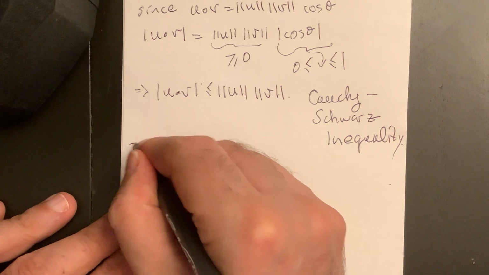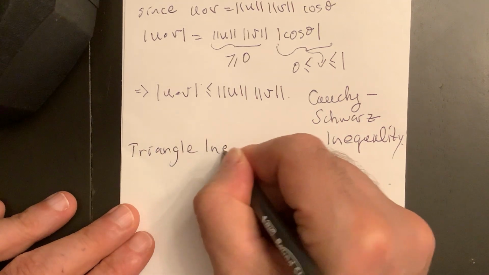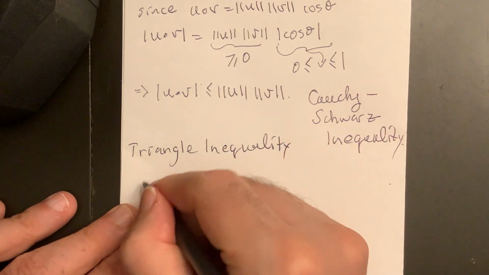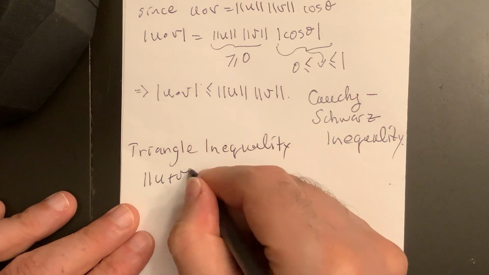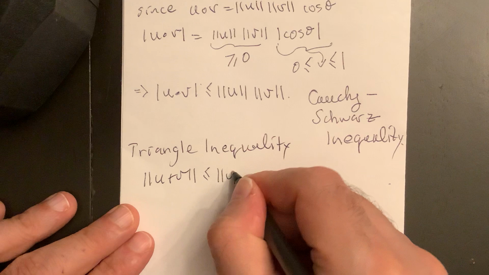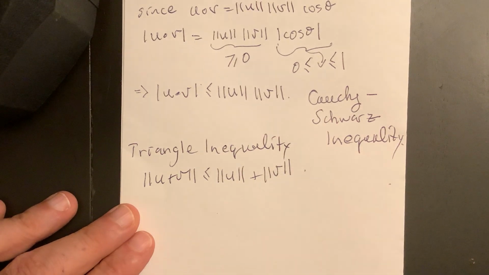So the triangle inequality says the length of u plus v is less than or equal to the length of u plus the length of v.